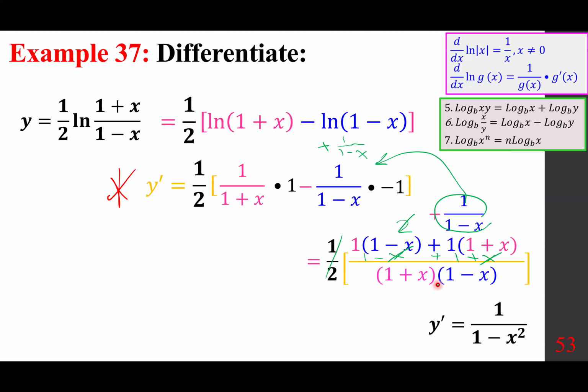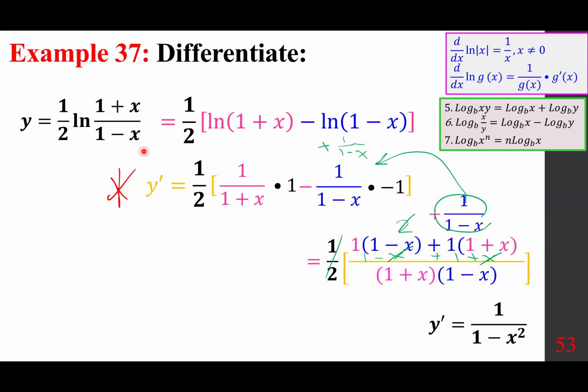So a quick recap, everybody. What do we have here? We have a natural log that must be decomposed, because if we don't decompose it, we have to write the reciprocal of this and multiply by the derivative of that, which requires the quotient rule.